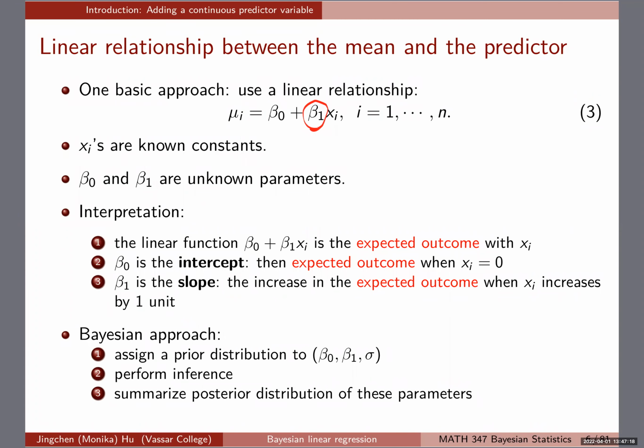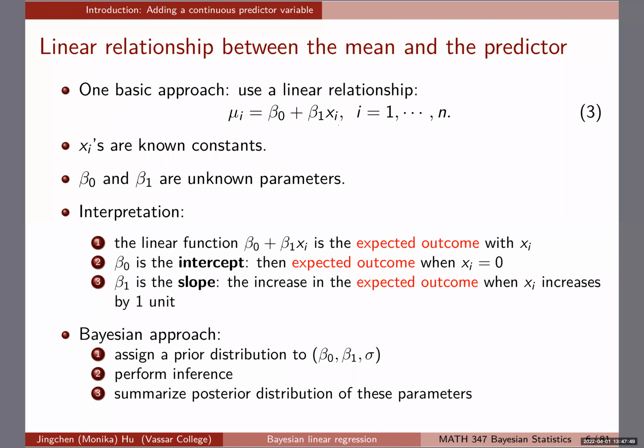So in Bayesian context, as you recall from the very beginning, we also talked about hypothesis testing, okay? But instead of doing the null hypothesis versus the alternative hypothesis in the frequentist context, as long as we have its posterior distribution, we can pretty much quickly summarize, for example, a 95% credible interval, and we can directly calculate the probability that beta 1, for example, is greater than 0 or something in the posterior. So this is what we have seen before.